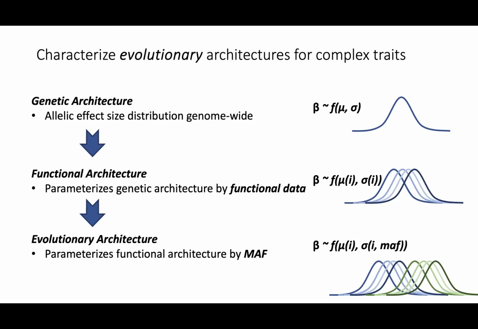If a genetic variant overlaps multiple ATAC-seq measurements, we would a priori think it would have a larger effect size in that cellular context than something that didn't. So we have not just a single distribution, but a family of distributions that are parameterized in some way through functional annotations.